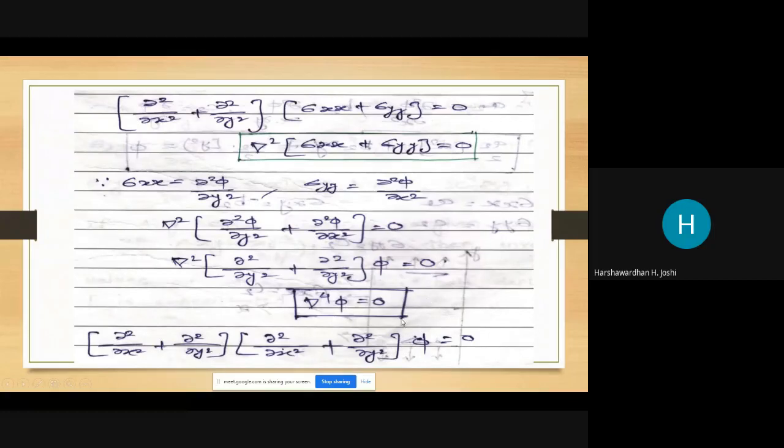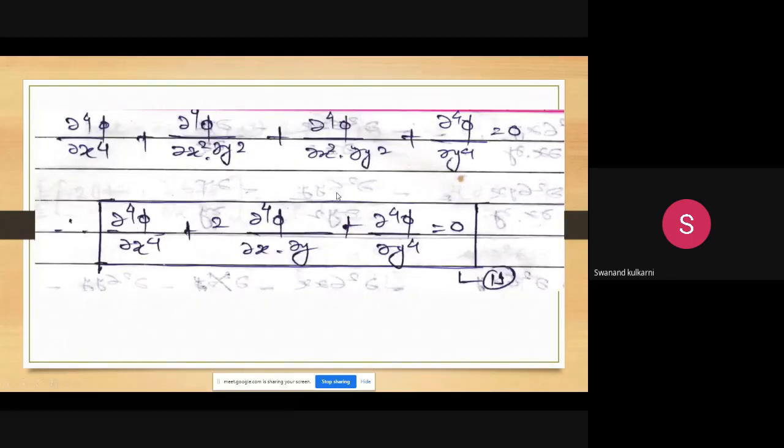Is it okay? Yes, sir. This thing we have proved during last lecture. So that indicates that if del raised to 4 phi is equal to 0, then this particular example can be solved with the help of the concept of Airy stress function. So this is the first thing, and for that purpose we have proved del raised to 4 phi is equal to 0.